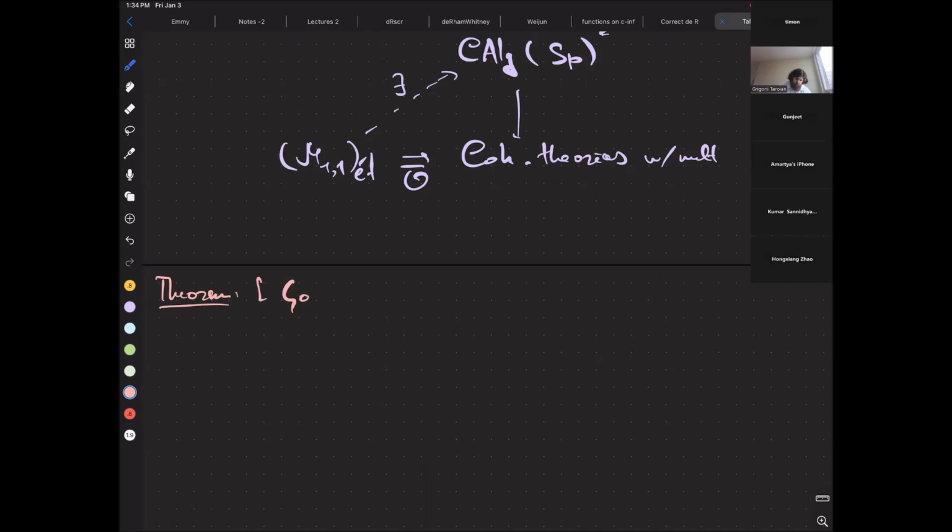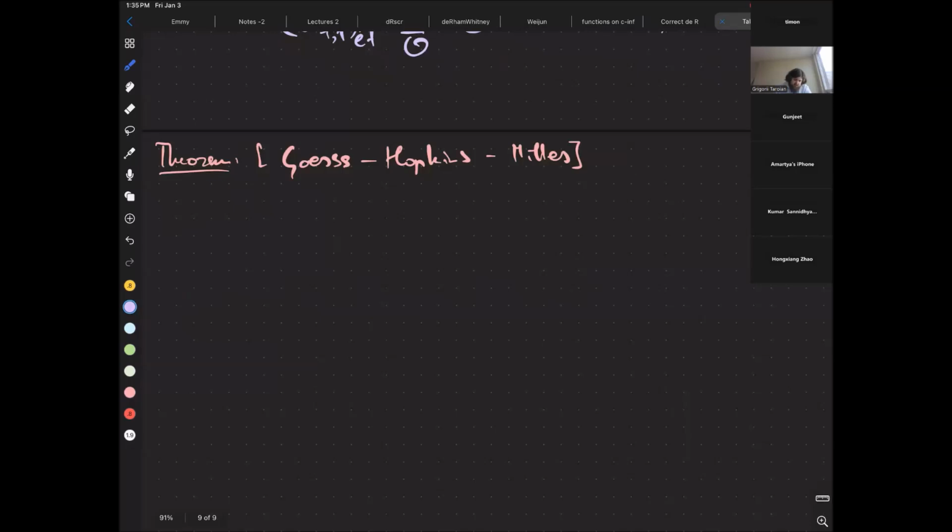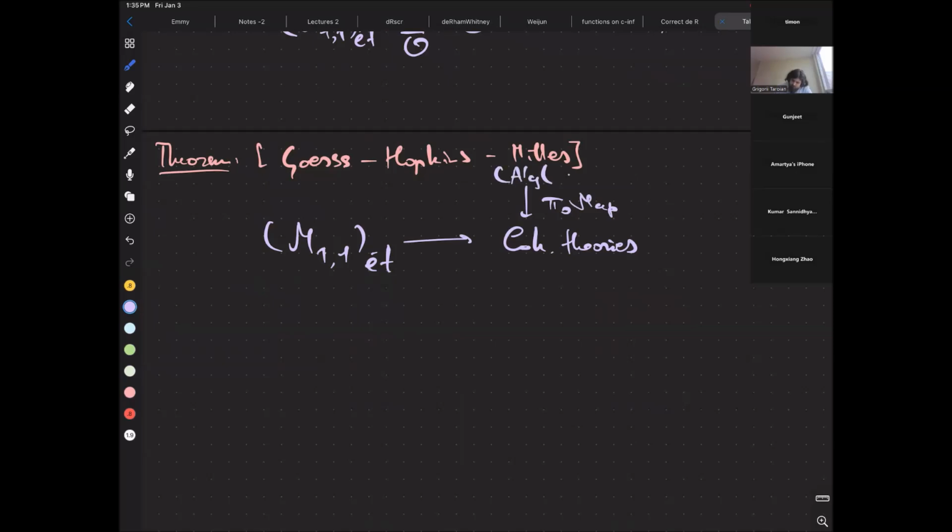Due to Goerss-Hopkins-Miller, which says that in the previous setup, if you have the étale site of your classifying stack, there exists a unique up to homotopy lift to commutative algebras in spectra, which is denoted by this O^top.